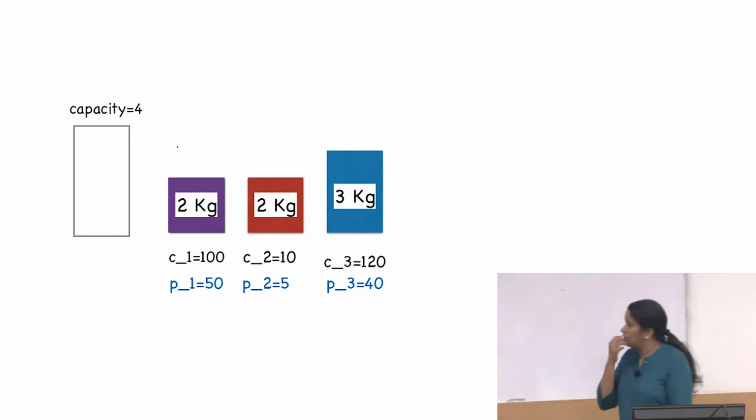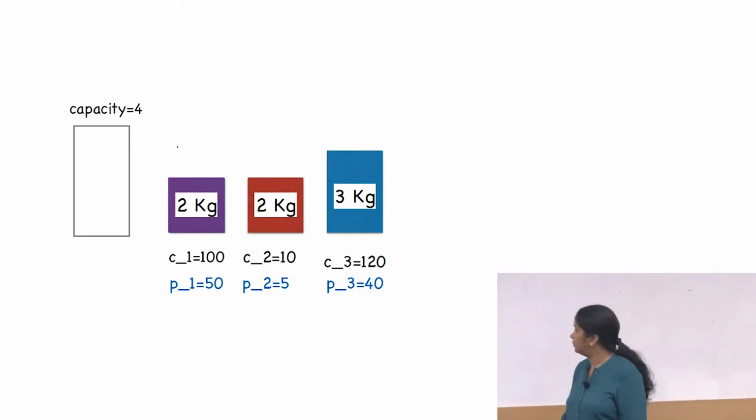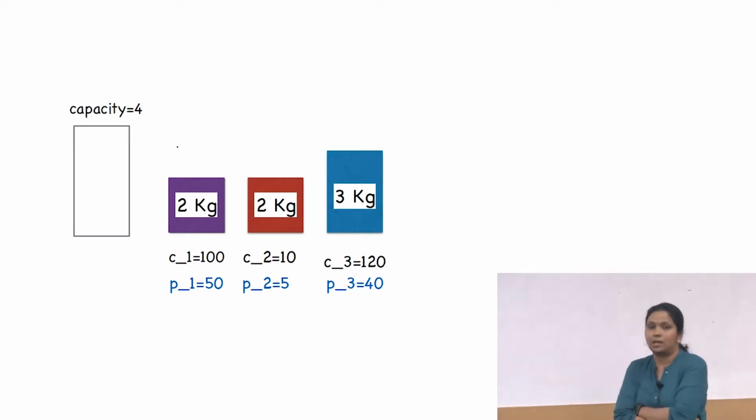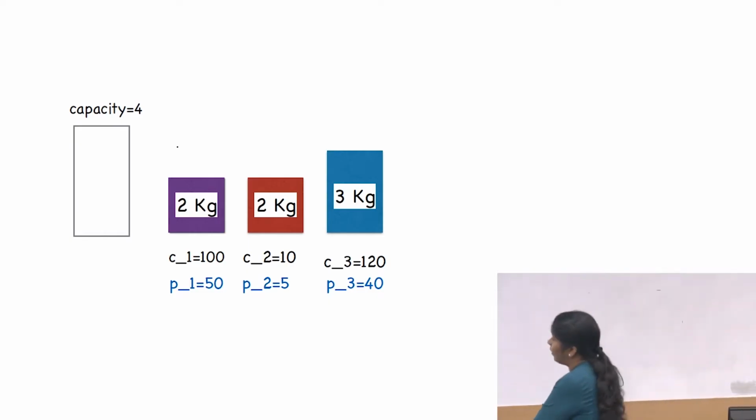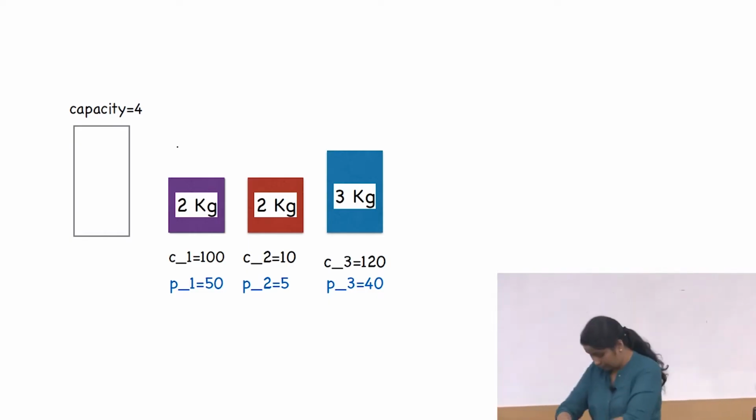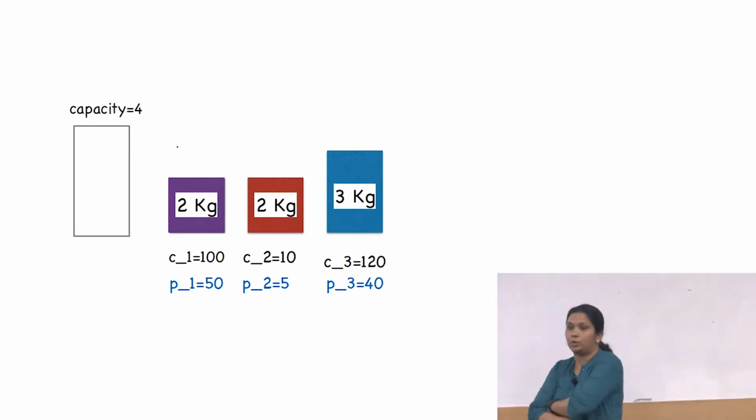Here, find the values of Pi, which is given by Ci divided by Wi, and select the item with the largest Pi. So what will be the solution now? Item 1 has the largest value of profit per unit weight.